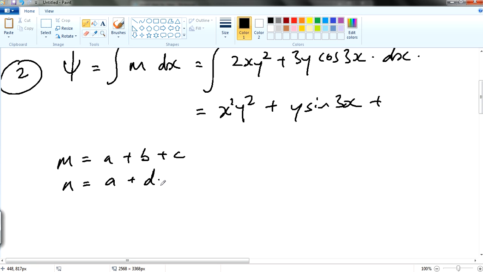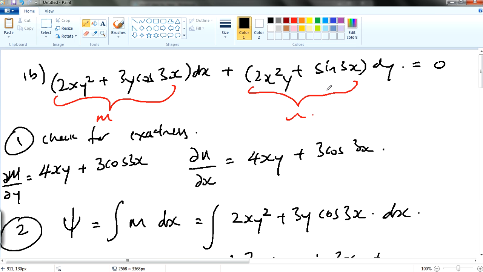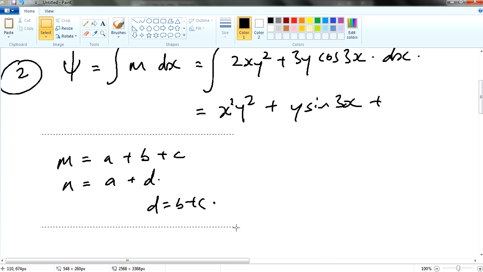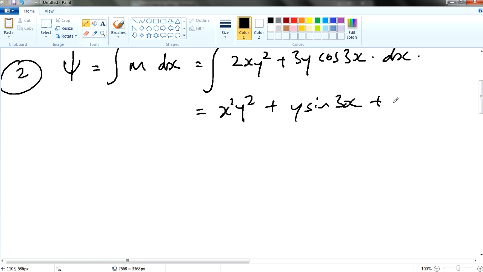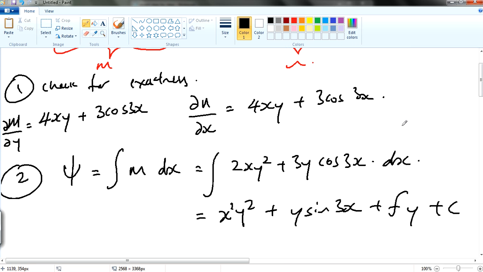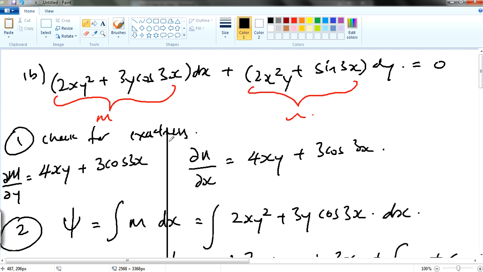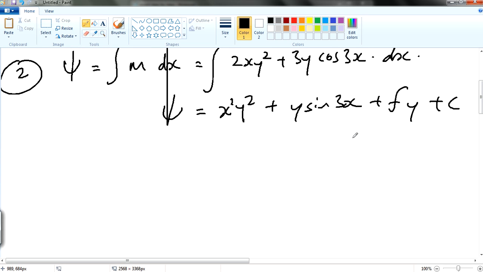So you want to find d. Apparently if you find the original equation, you realize that part of the answer in N didn't reveal itself in M. So it's some function of y plus x. Some function of y, we don't know what that is yet, but this is actually the xi.